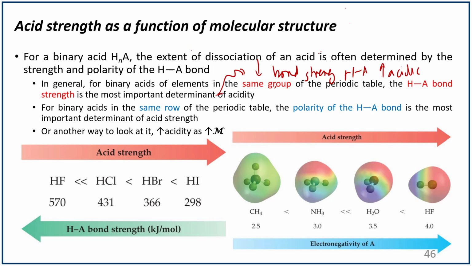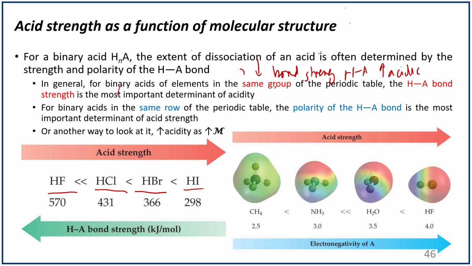And basically what this just means is, let's say for example you have HF, HCl, HBr, and HI. What that just means is the easier it is for you to remove H plus, the proton, from the bond, then the more acidic a compound is, because it dissociates into H plus and an anion.